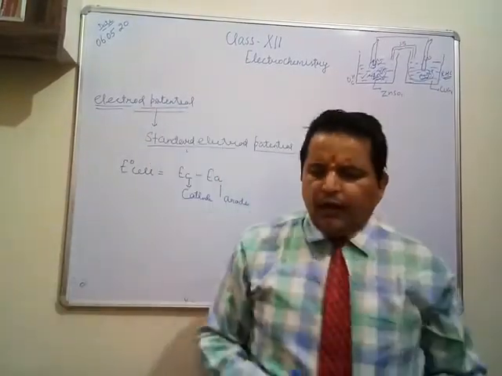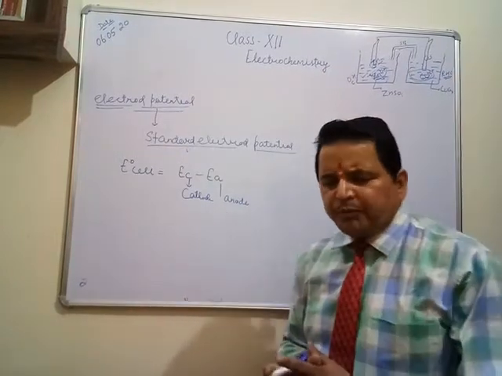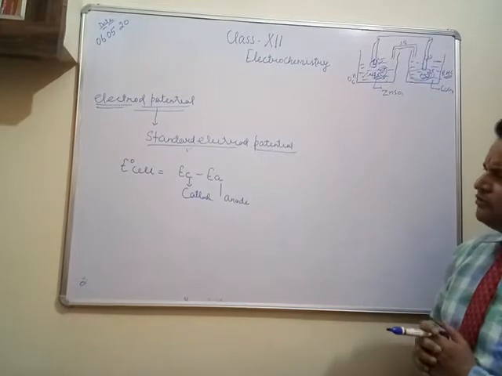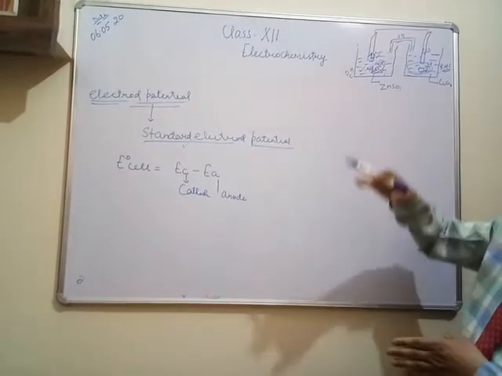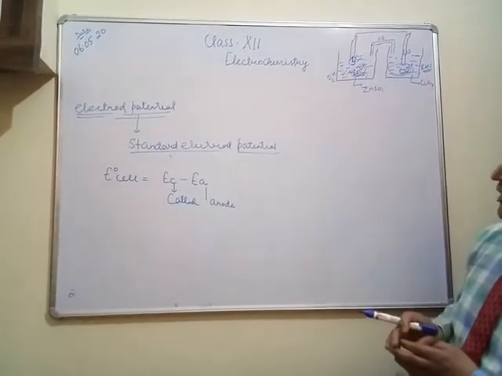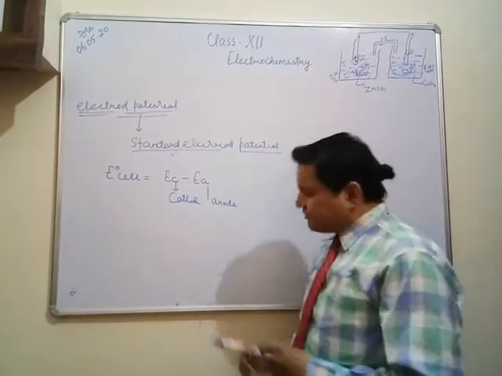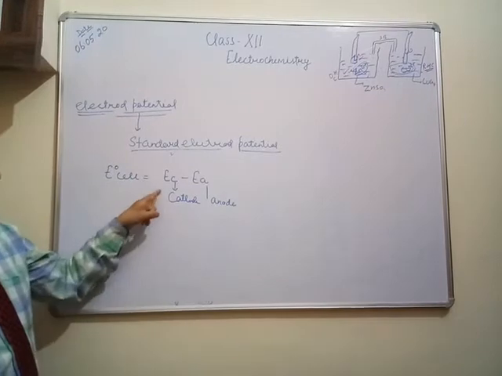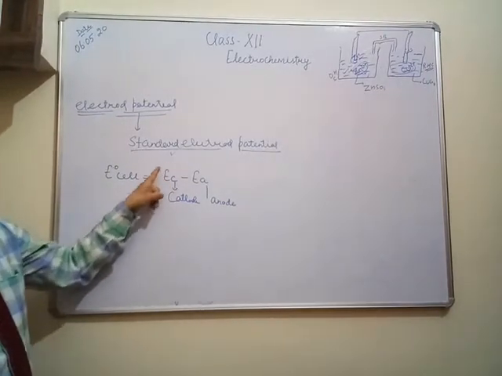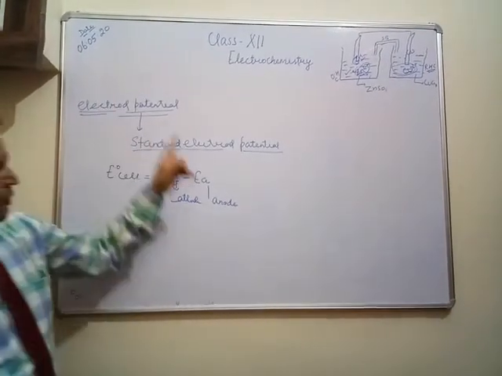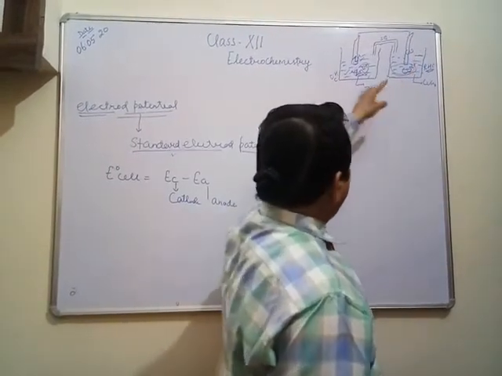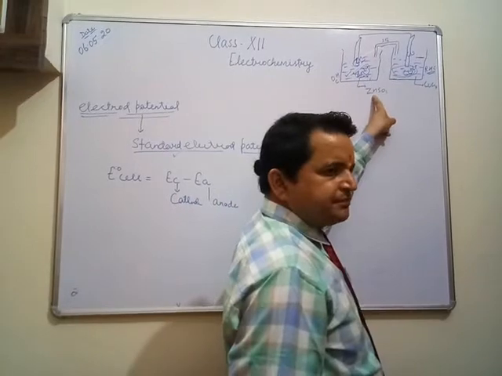In the series of reduction potential, the values of different electrode assemblies have been given. Some have very high values and some have very low values. Low values mean oxidation and higher values mean reduction. That's why the reduction potential, or you can say electrode potential of the reduction half cell, will always be higher than that of the oxidation half cell.